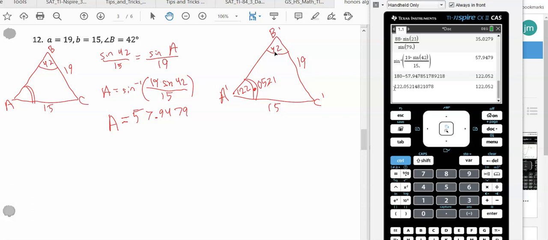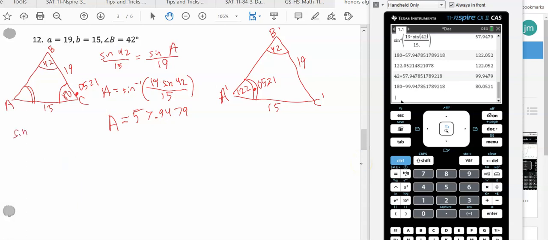Okay, so let's do that. Let's solve for this angle here. To do that, we're going to do 42 plus that 57 value, do 180 minus that. This one's going to be 80.0521. Okay, now we're just missing one side there, so let's solve that.